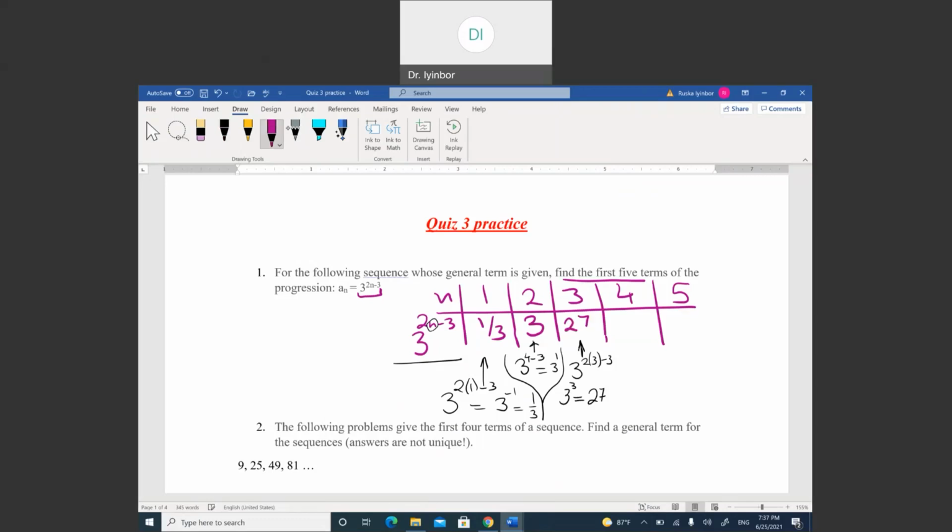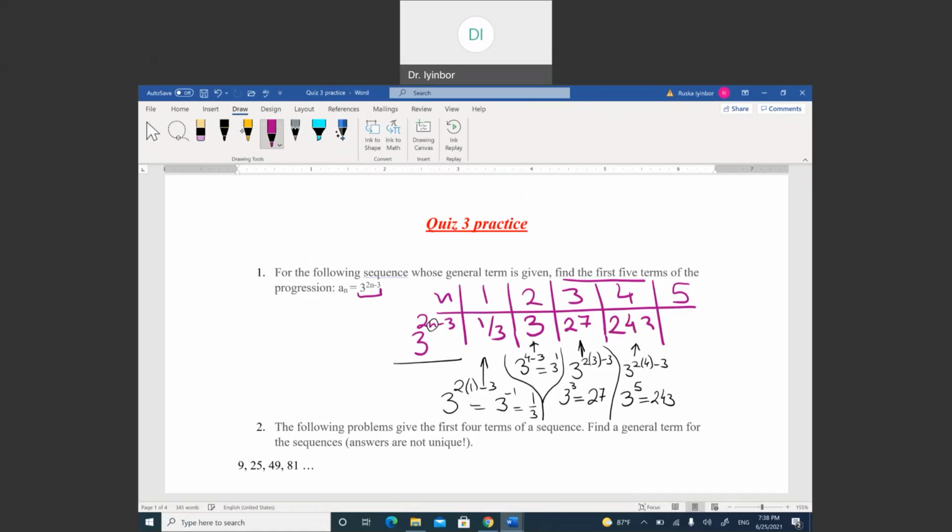And then I'm going to go to the next one, which is n is 4. So I have 3 to the power 2 times 4 minus 3. 2 times 4, 8 minus 3 is 5. So I have 3 to the 5th power, which is, so here cube is 27. So I have to multiply 27 times 9, technically, which is 243. So my next term is 243.